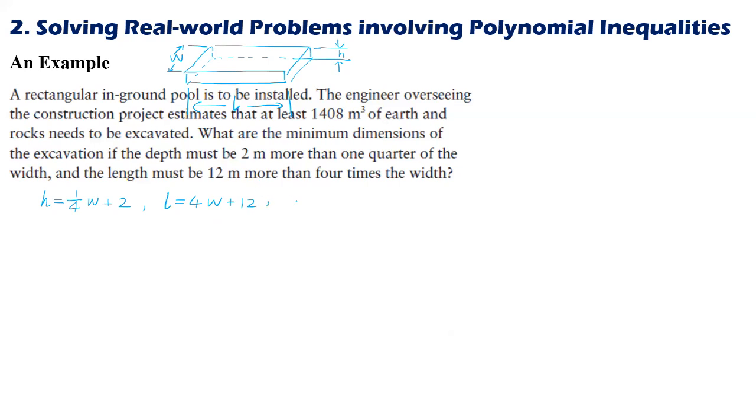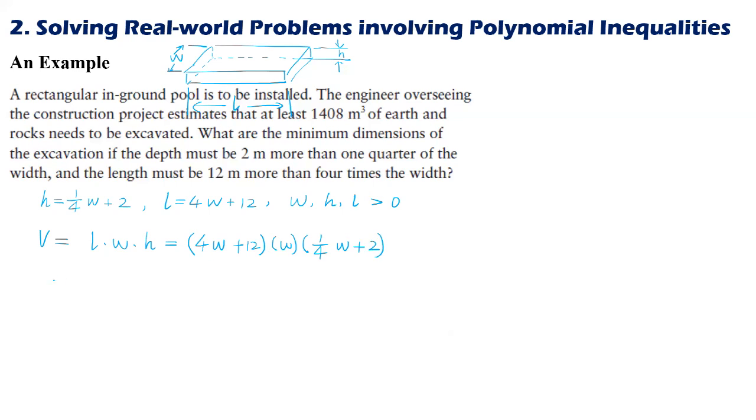And of course, all the dimensions must be positive. You can't have a negative dimension. So the total volume is height by width by length, so L times W times H, which is (4W plus 12) times W times (1/4 of W plus 2), right?